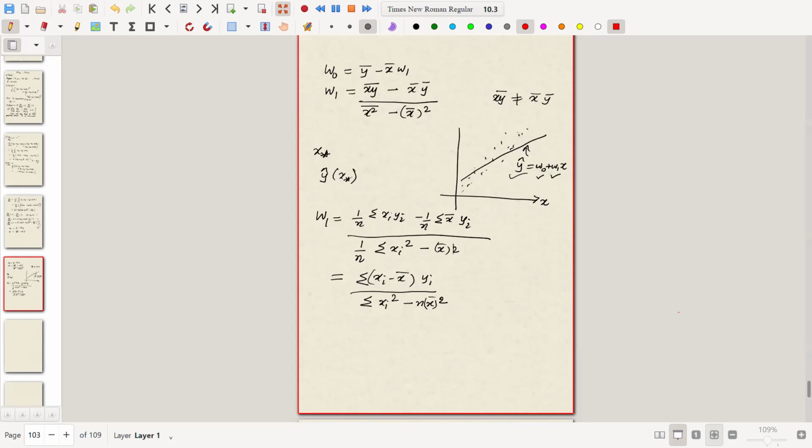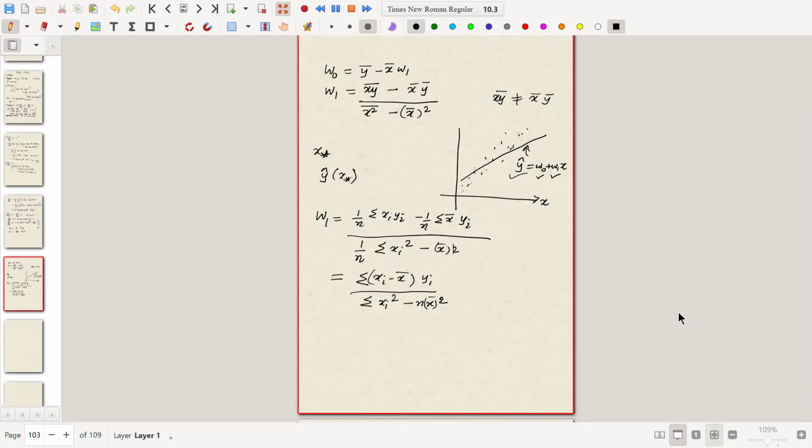Multiply it here also, so that 1 by n can be cancelled out, right? So therefore, you are seeing n times x bar square here. And you group together. Till now it is okay.